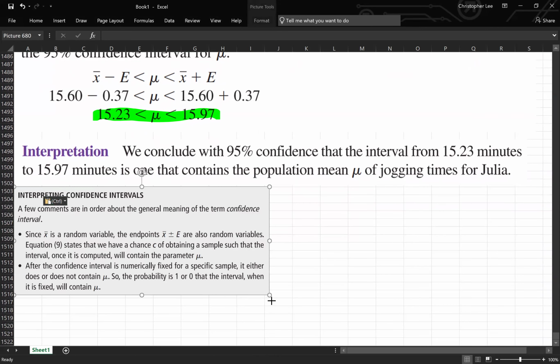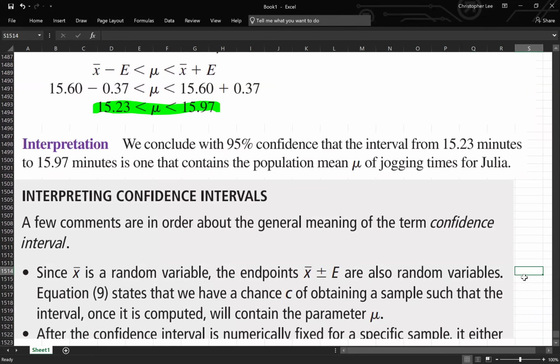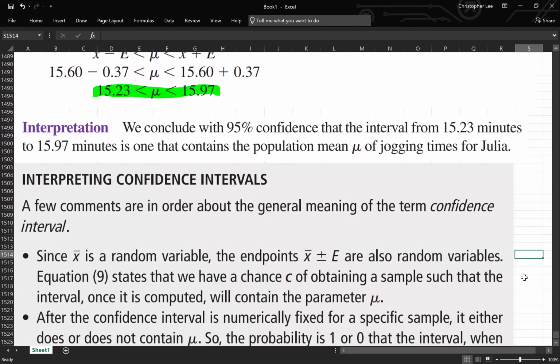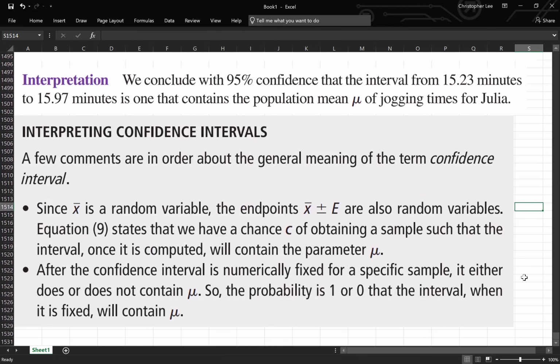So let's talk about interpreting this a little bit. A few comments are in order about the general meaning of the term confidence interval. Since X bar is a random variable, the endpoints X bar plus or minus E are also random variables.